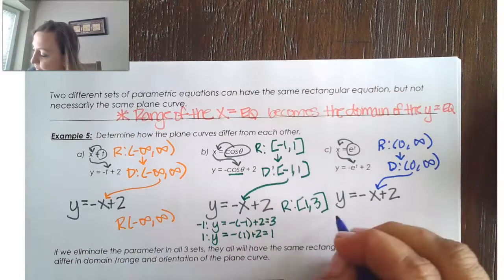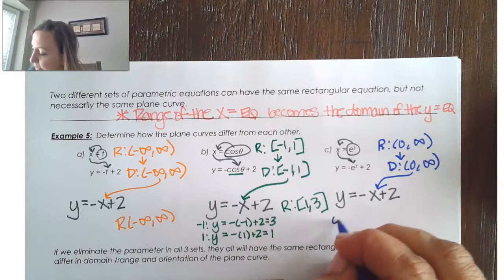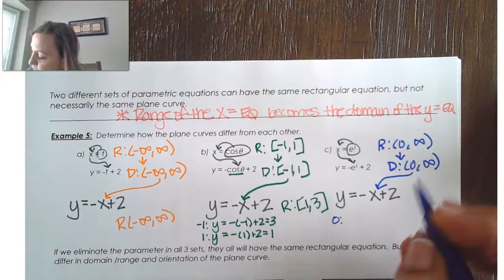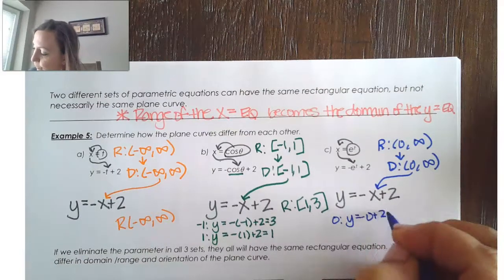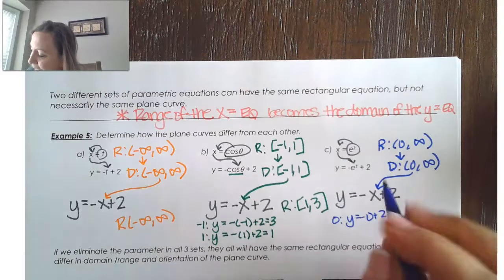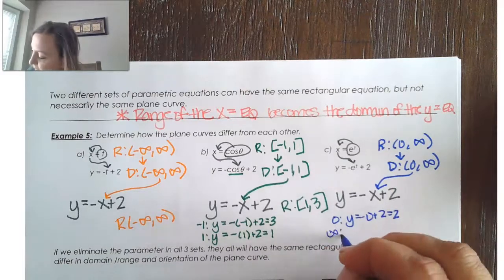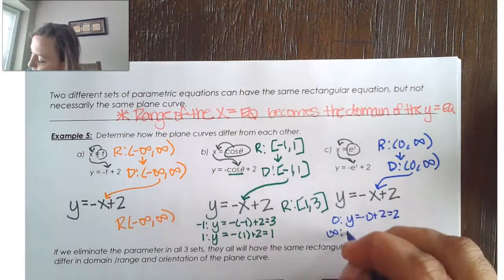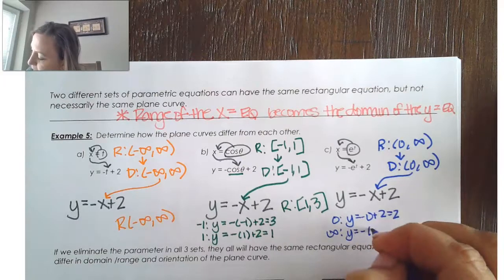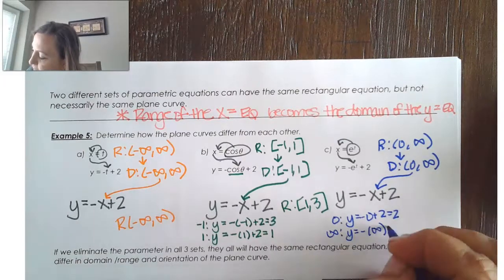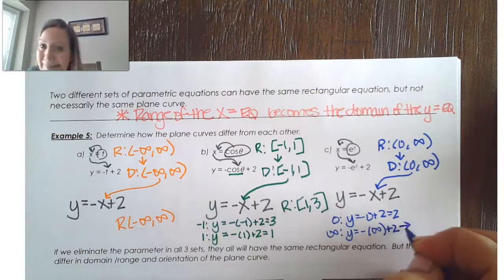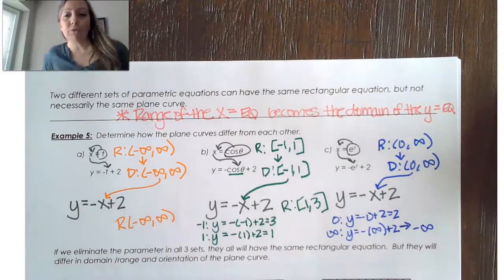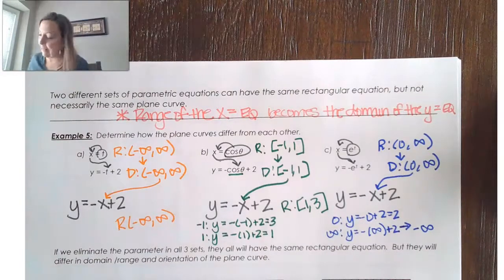So once again, you could see what happens when it's 0. So y would be -0 plus 2, which would be 2. And then I know we can't really substitute in infinity, but if we did, negative infinity plus 2, basically that's going to approach, I'm not going to say it equals, but it's going to approach negative infinity.